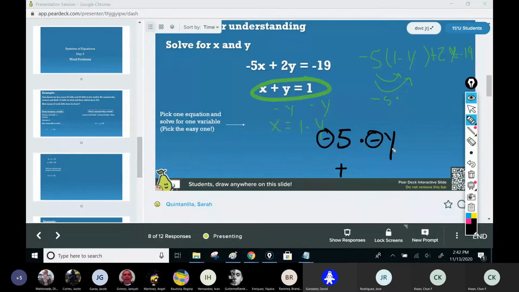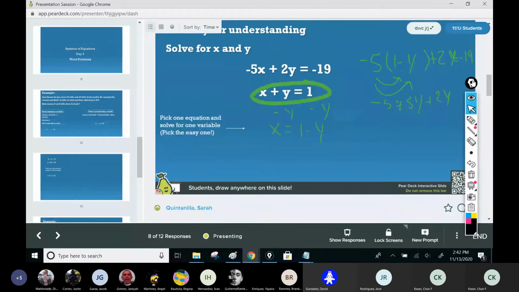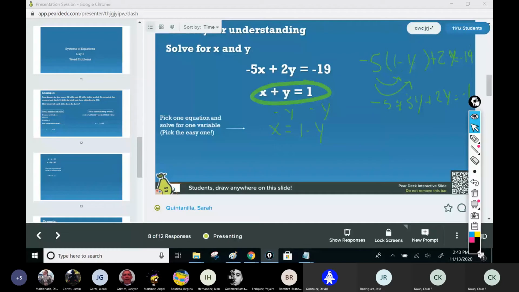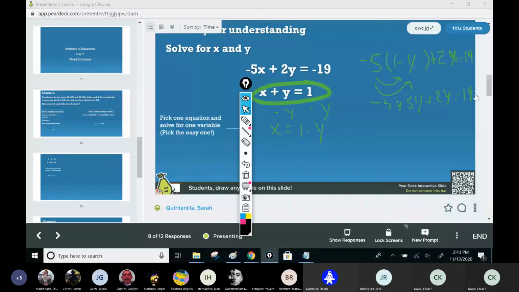And then 5 times y, since they are not like terms, just write it out like this. Good. Plus 2y equals -19. I know you're all the way at the edge, but just put that. Yeah, that's good.